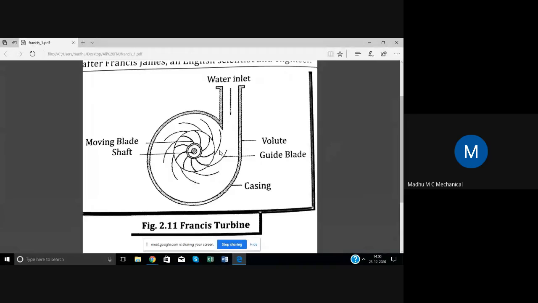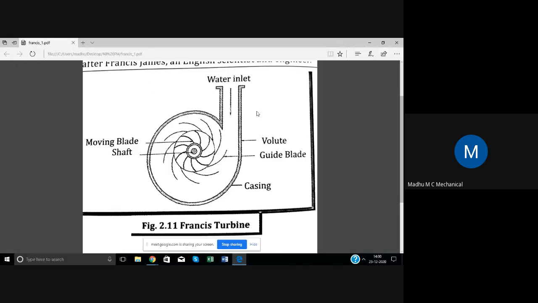It directs the water onto the runner so that the water does not get wasted by hitting the casing. Thereby, the water is not wasted, and you can generate the mechanical energy. That is the function of the guide vane or guide blade. This is called a volute casing, and this geometry is called a volute.